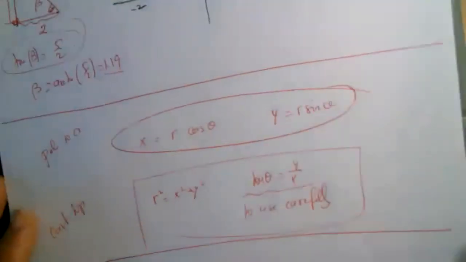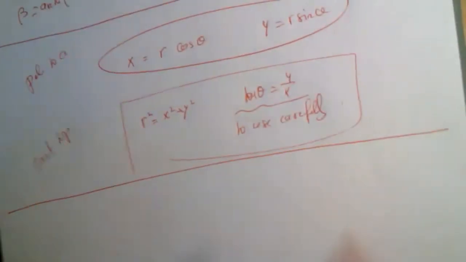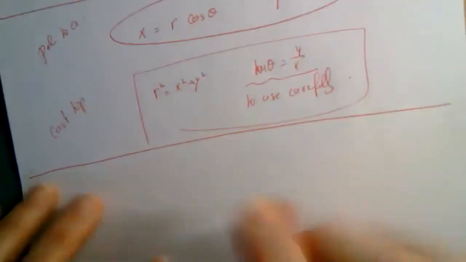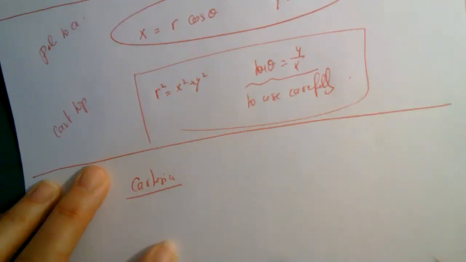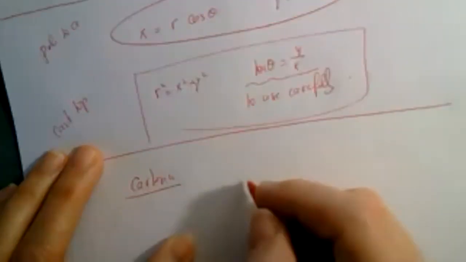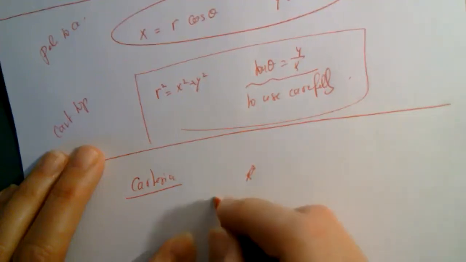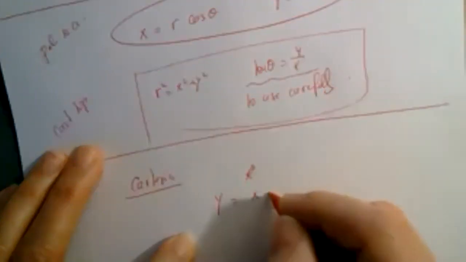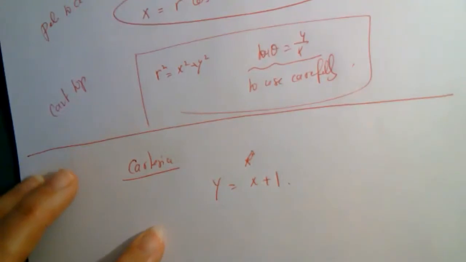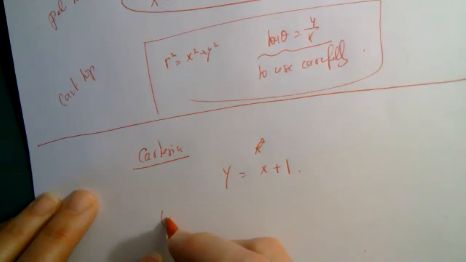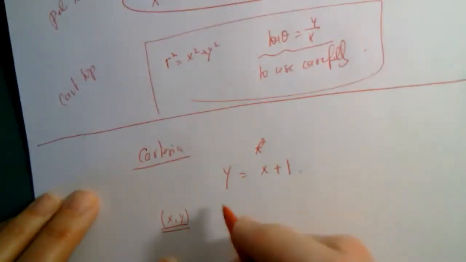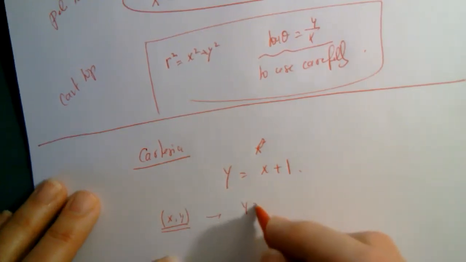Okay, now we're gonna start sketching stuff. What do I mean by that? Suppose in Cartesian coordinate, I tell you sketch the graph of whatever, x squared or something simple, y equal x plus 1. Simple line. So what does it mean to sketch the graph? I mean, basically, you have to graph all the points (x, y) that satisfy this equation.